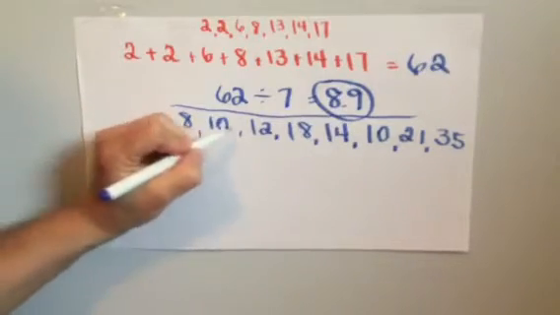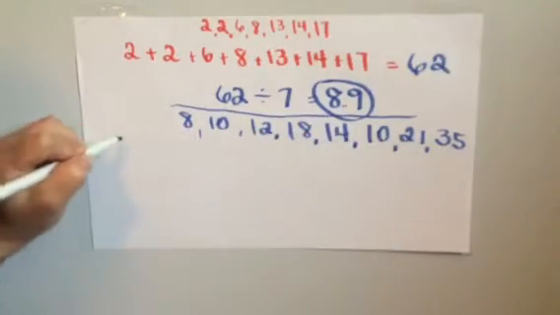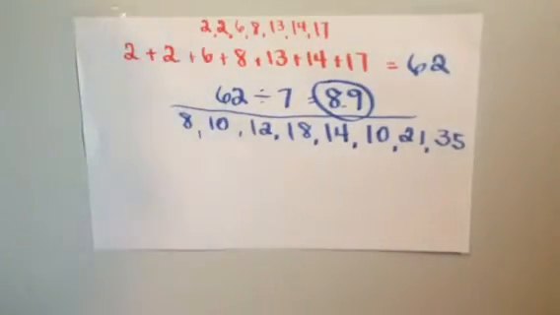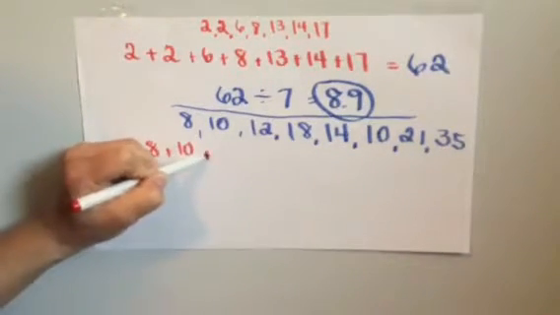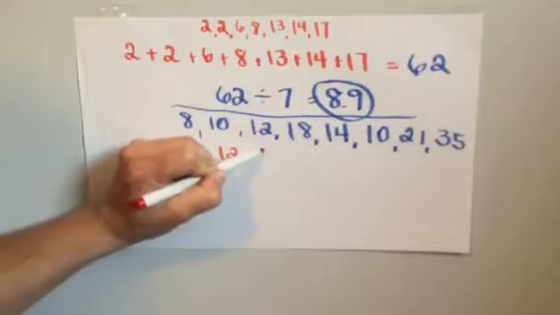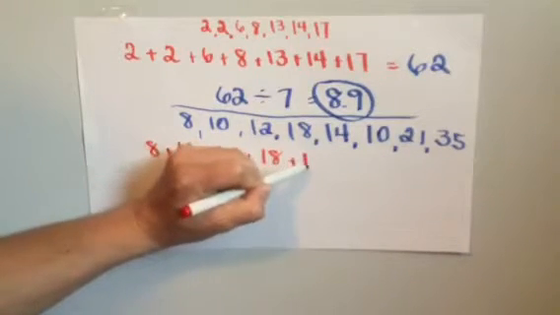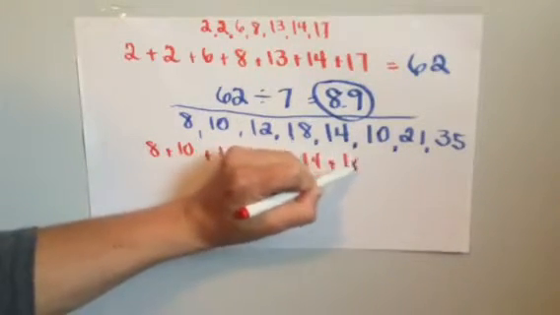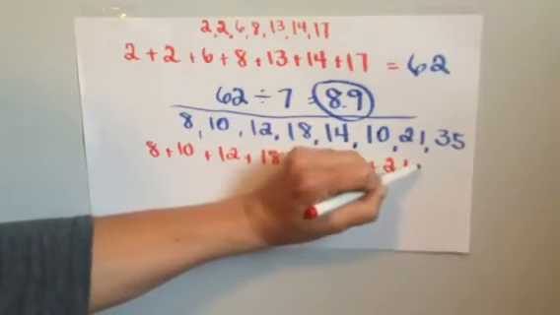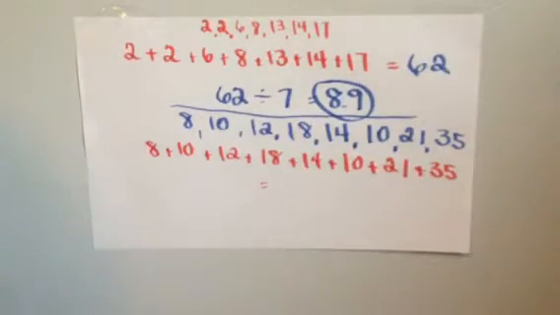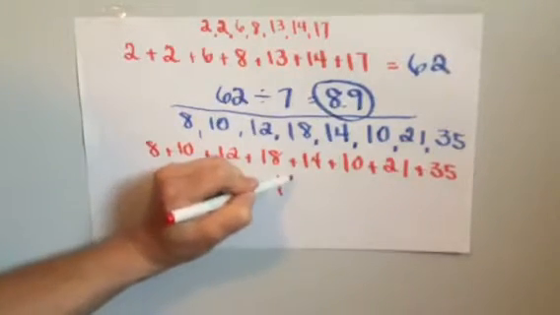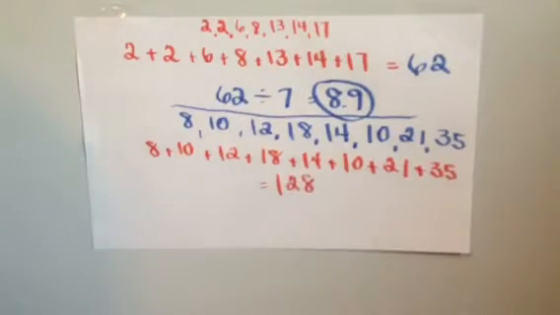So if we were going to add all of these together, let's do it in red. We have 8 plus 10 plus 12 plus 18 plus 14 plus 10 plus 21 plus 35. Our sum for that problem is going to give us 128.